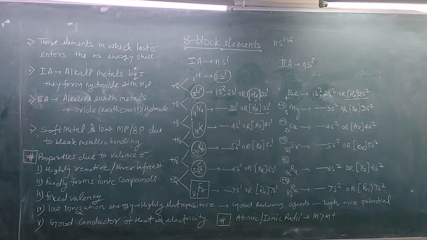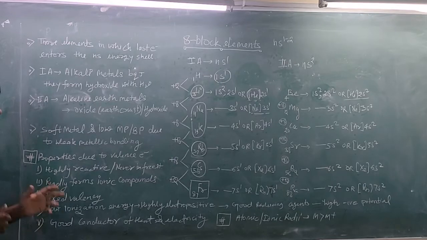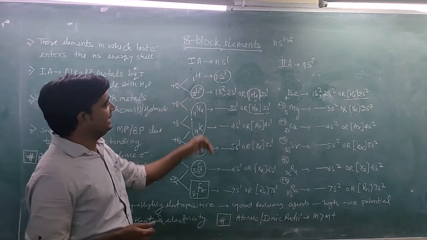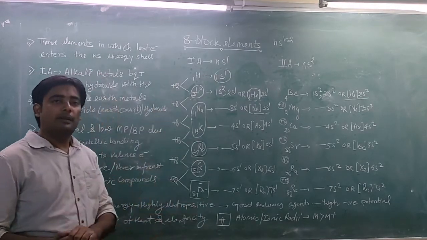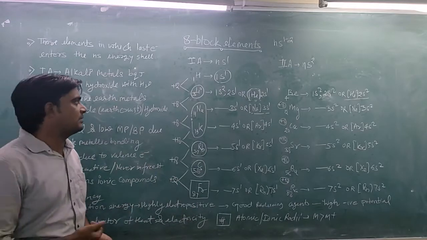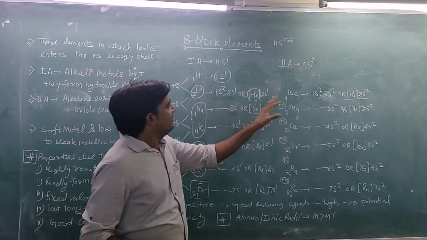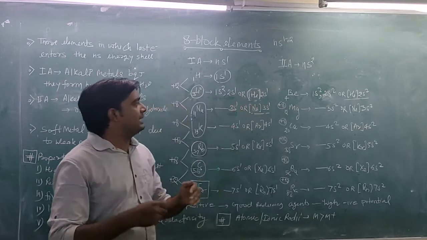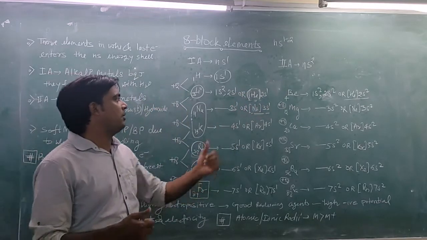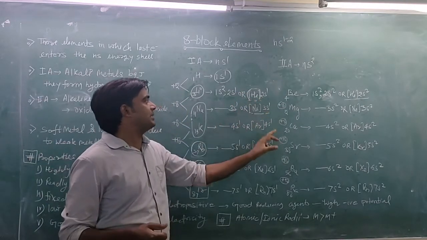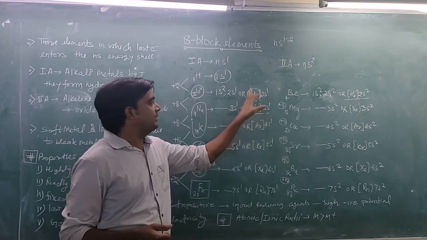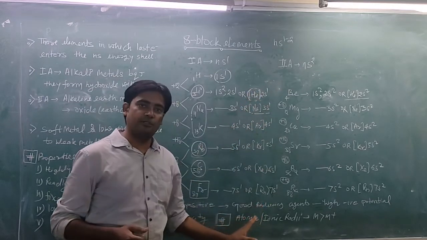And fixed valency. Another point is that the ionization energy of these elements is very low. We have already discussed the factor: the valence shell electron is loosely bound because of the existence of the inert gas electronic configuration.